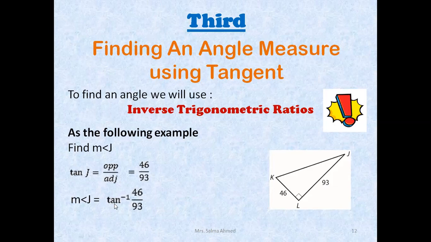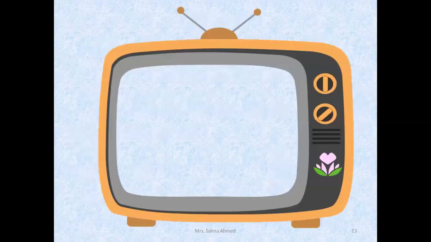It will be 26.318. Approximating to the nearest degree, as it is a measure of angle, the 3 will not push the 6 up anymore, so it will be 26 degrees only. So the measure of angle J is 26.